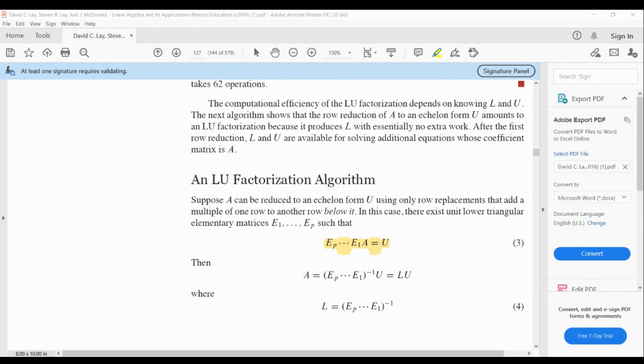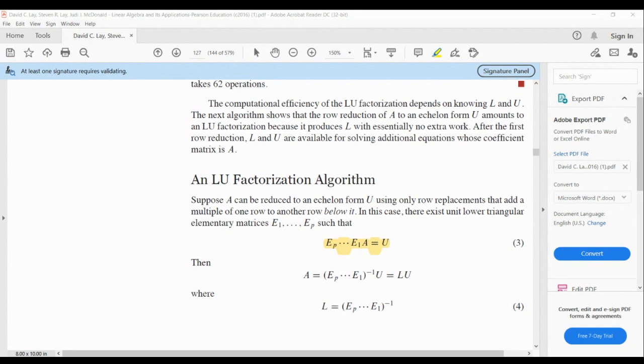And for every row operation we did in the example we just learned about, to convert the matrix A to get it as an LU factorization, every row operation can be represented by an elementary matrix. So a sequence of elementary matrices multiplied by the matrix A would be equal to the echelon form, which is the upper triangular matrix form.